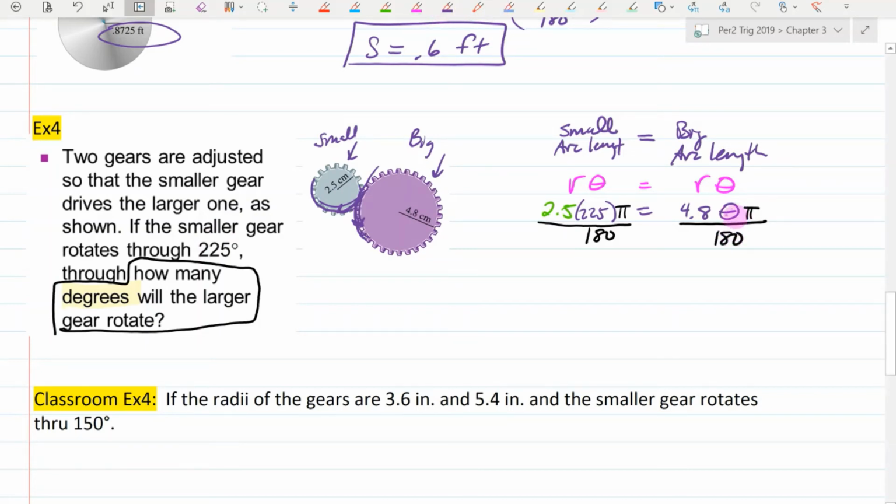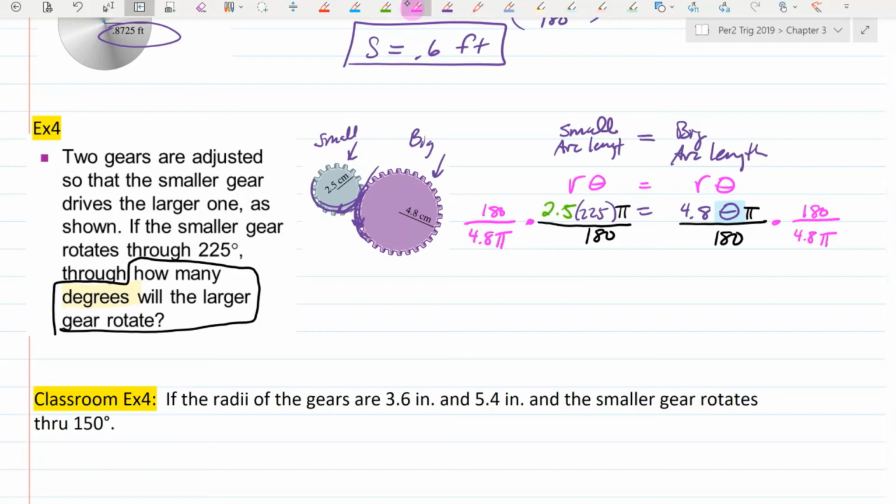So here's what we're going to do. Because the theta is here, in order to get to theta, we're going to undo everything else. So what that means is I'm going to get rid of these. So I'm going to basically multiply by the reciprocal of this. I'm going to multiply by 180 over 4.8 pi. And I got to do exactly the same thing to this side. 180 over 4.8 pi.